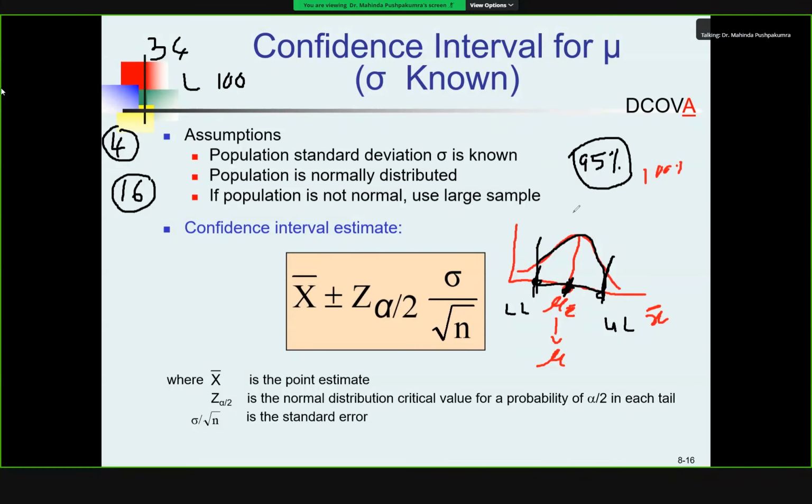Then if this area is 95%, then the probability is 0.95. Then how about these two areas? Please think about the probability of these two areas.